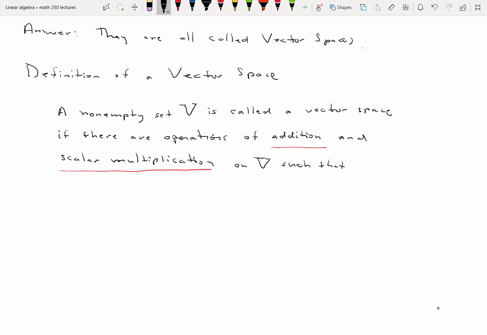Now, before we get to those 8 things, a strong word of caution. The addition and scalar multiplication are not necessarily the same addition and multiplication you're used to for real numbers. There's nothing here that says this is the same addition or even related to the addition of real numbers. The scalar multiplication, the same thing. It's not necessarily the same kind of multiplication you have for real numbers.